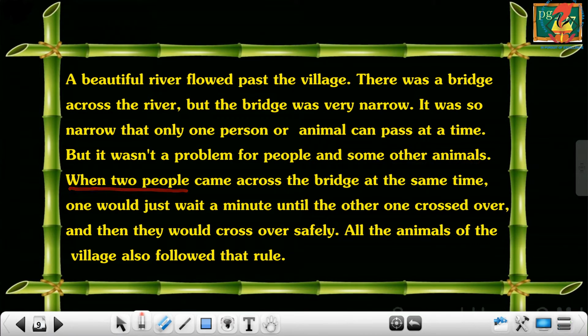When two people came across the bridge at the same time, one would just wait a minute until the other one crossed over.